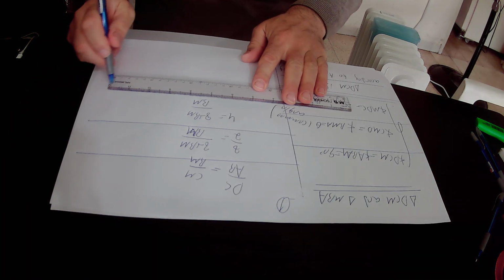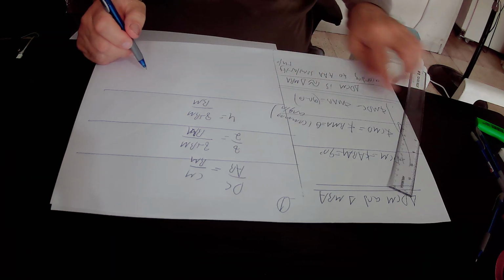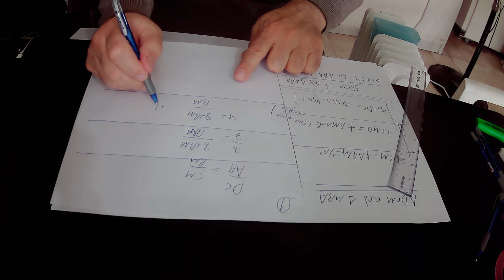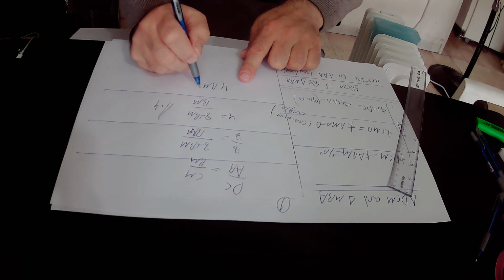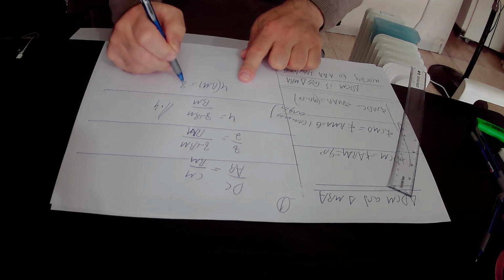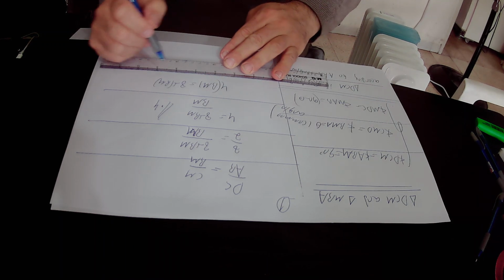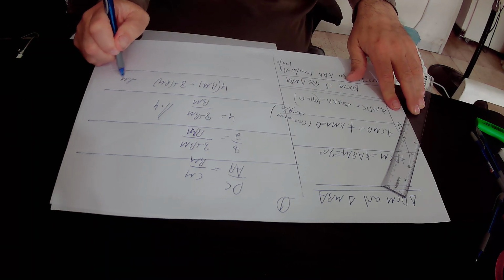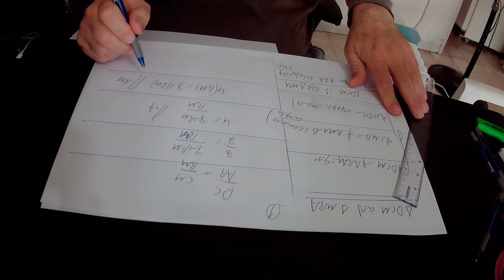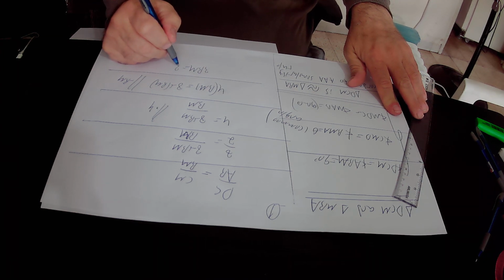Here, we multiply this equation by BM, and we get that 4 times BM equals 8 plus BM. Here we subtract BM from this equation, and we get that 4 BM minus BM, which is 3 BM, equals 8.